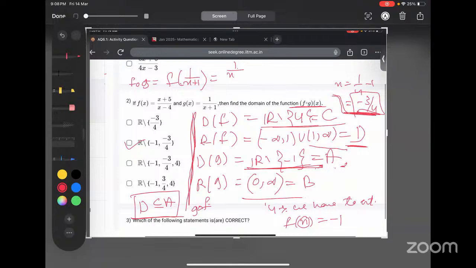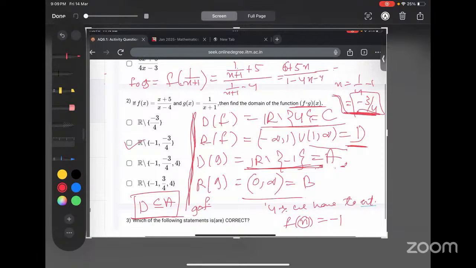1 over x plus 1 plus 5, then 1 over x plus 1 minus 4, right? So 1 plus 5x plus 5, that means 6. And here 1 minus 4x minus 4, that means minus 3.